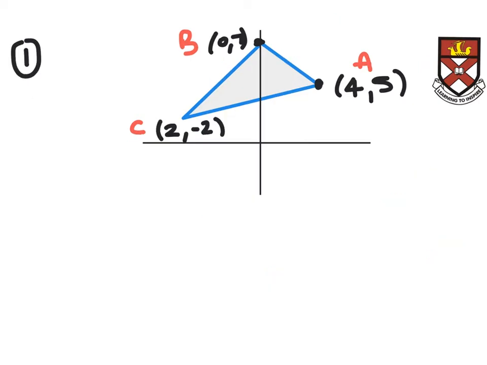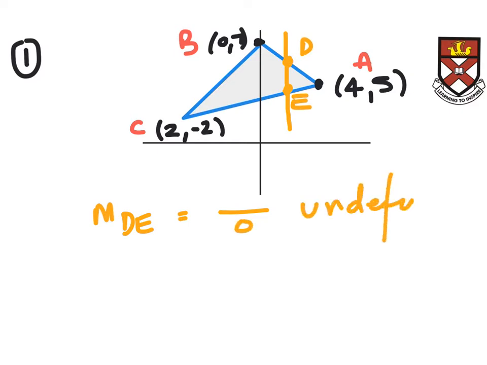What we have to work out is the equation of DE. So let me put D and E back in. If you've drawn a diagram like mine, you'll probably find, just by looking, that it's a vertical line. When you try and work out the gradient of DE, you're going to get a fraction with a 0 on the bottom. That means the gradient is undefined.